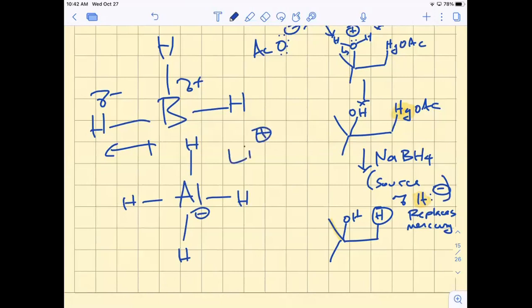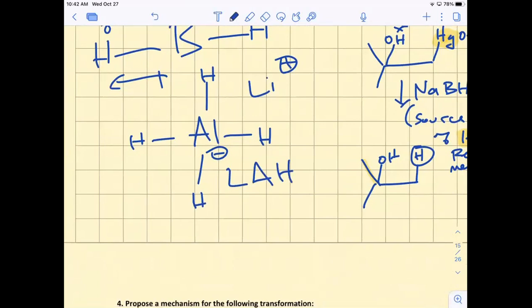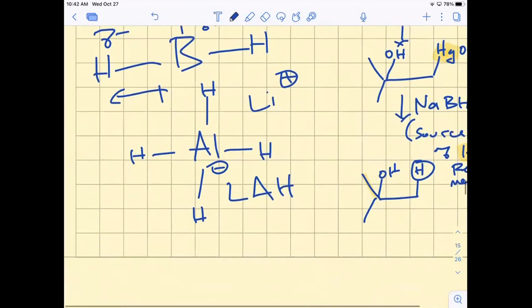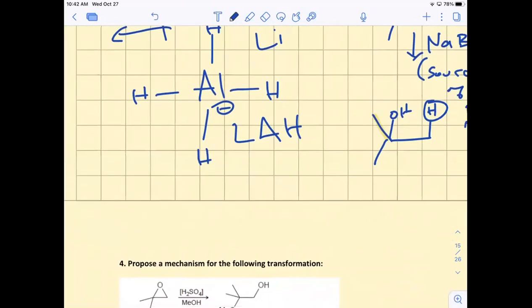This compound is what we call LAH, lithium aluminum hydride. So in that case, the hydrogen is going to be partially negative. Also, if you have hydrogen bound to a transition metal, like a palladium hydride, then it's going to act as a nucleophile.